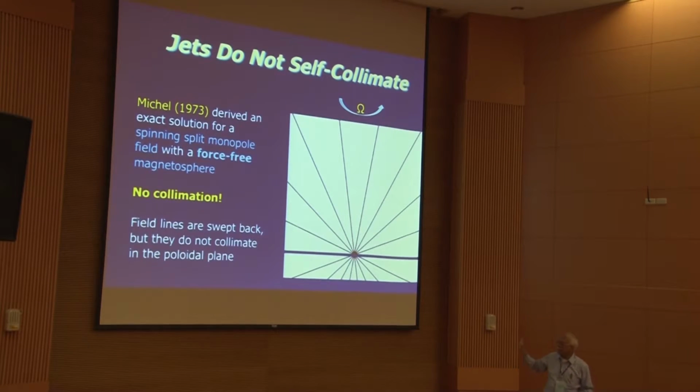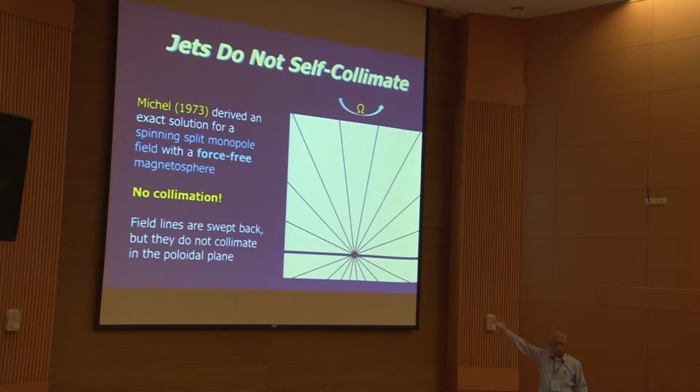In these relativistic jets, especially as you go to the force-free limit, you have to worry about what the electric field is doing, not just the magnetic field. The bottom line is there are actually analytic solutions, like this nice solution from Michel, who basically took a split monopole. So these are magnetic field lines, and you make it spin, and you say, what is the solution?